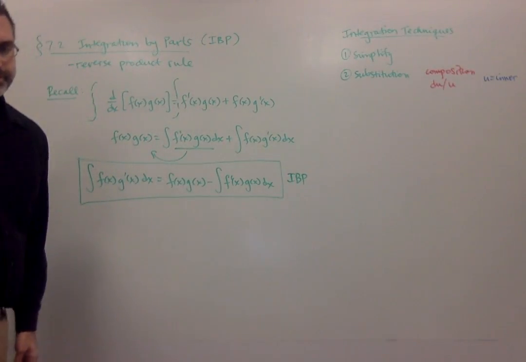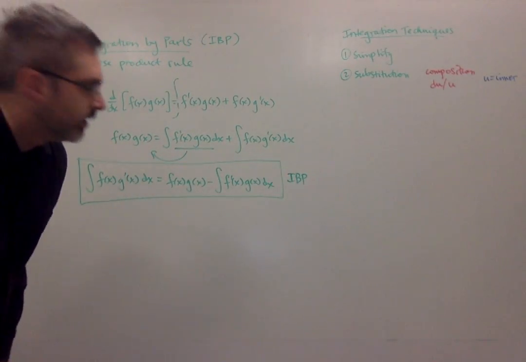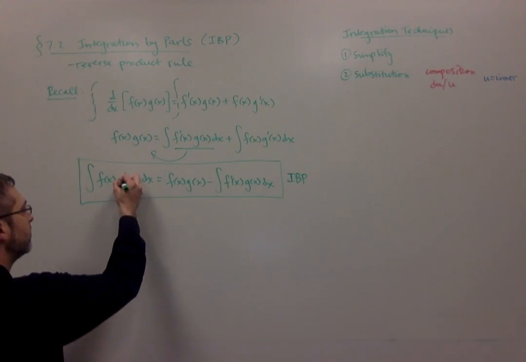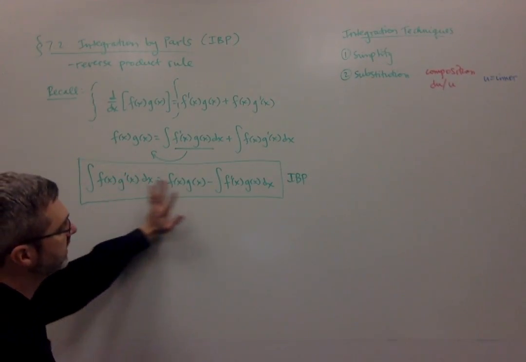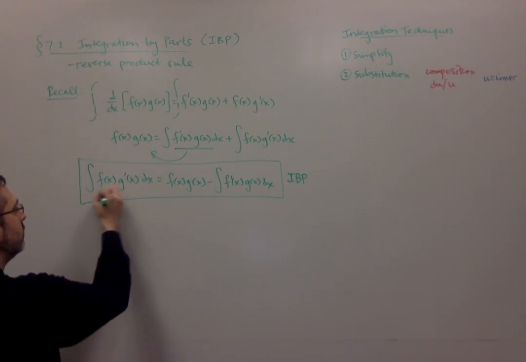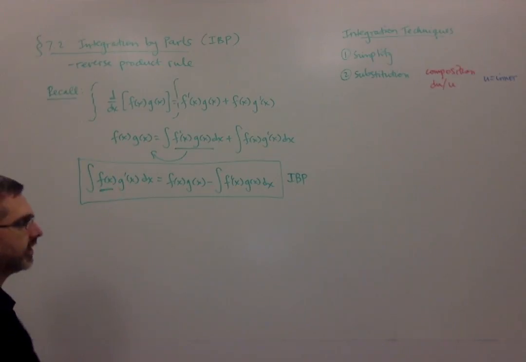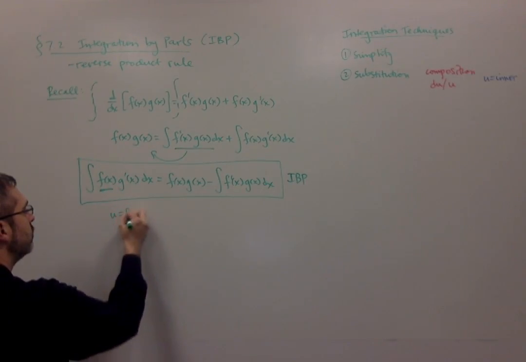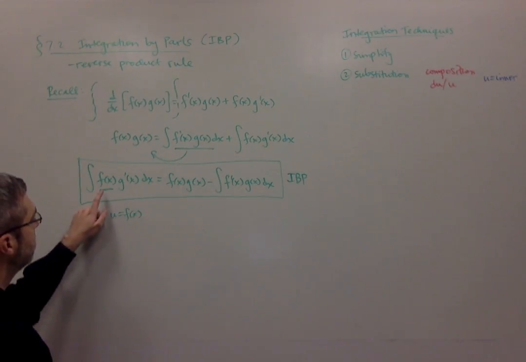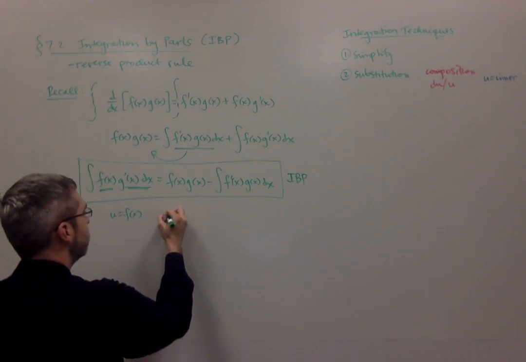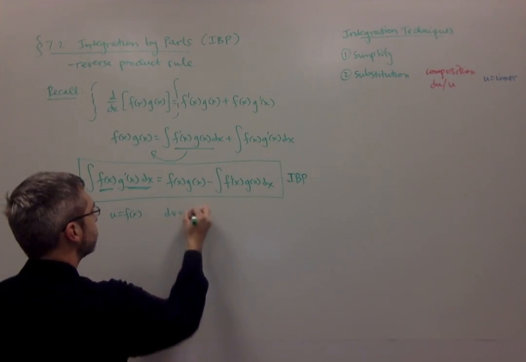Now, there's a notation that's very famous, and it's very easy to use in the situation where you're using integration by parts. You let this function right here, we call that function u, and we call this part of the integral dv.